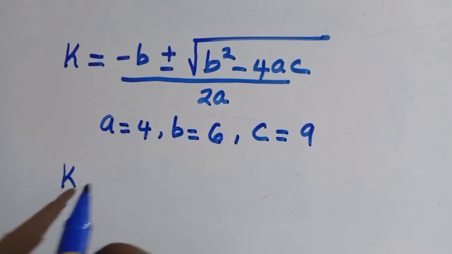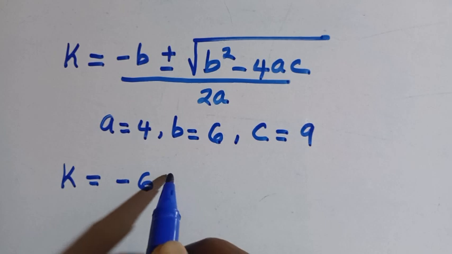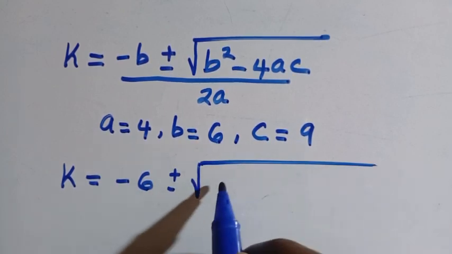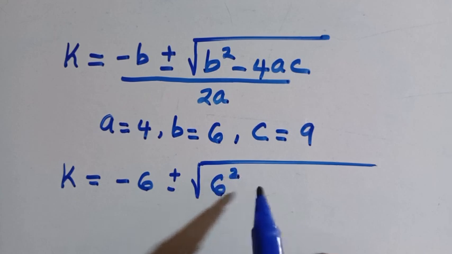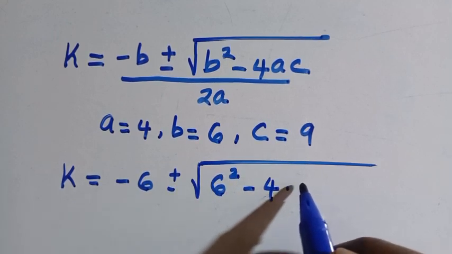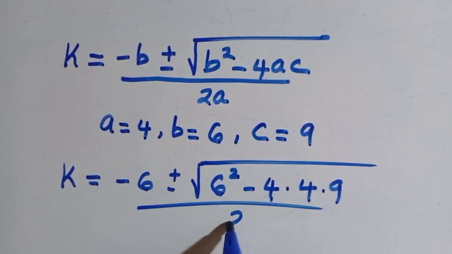Let's start by inserting all these parameters in this formula. So here we have k equals minus 6 plus or minus the square root of 6 squared minus 4 multiplied by 9, divided by 2 multiplied by 4.